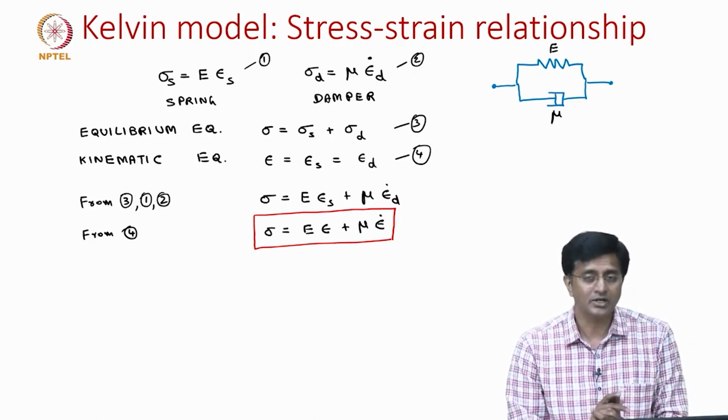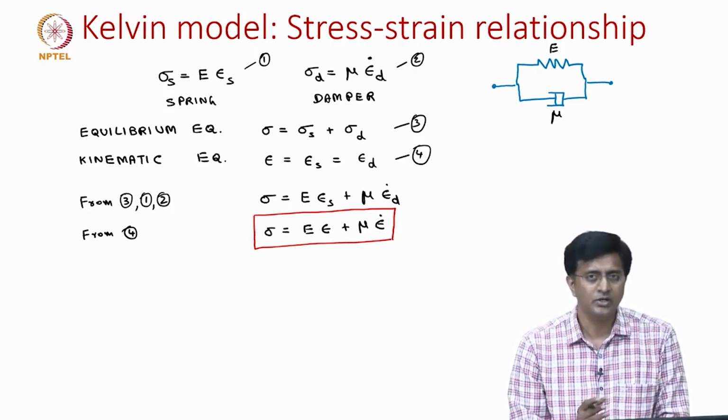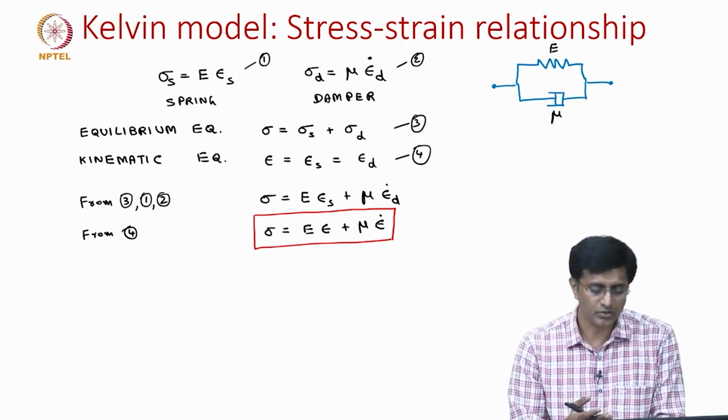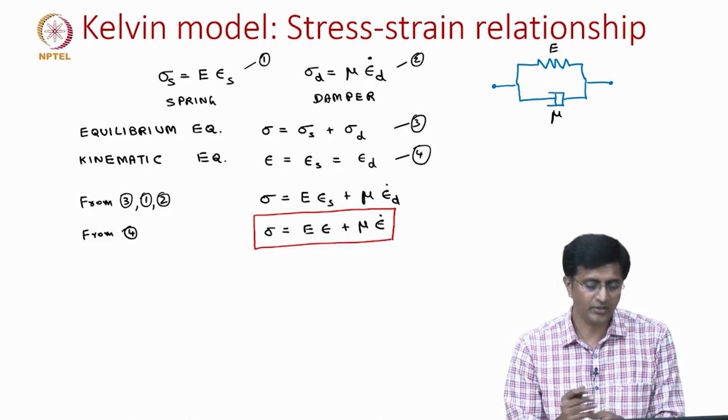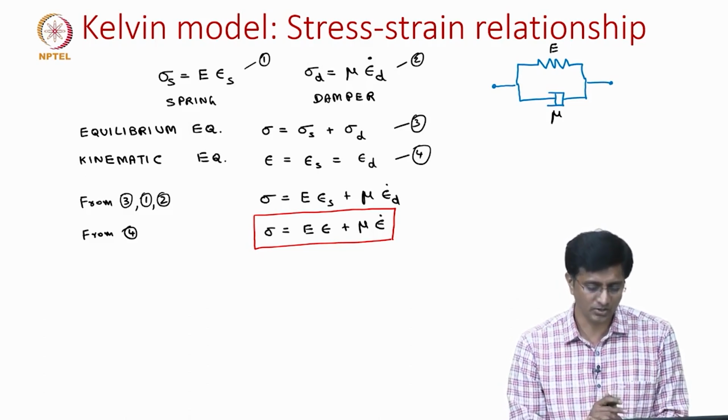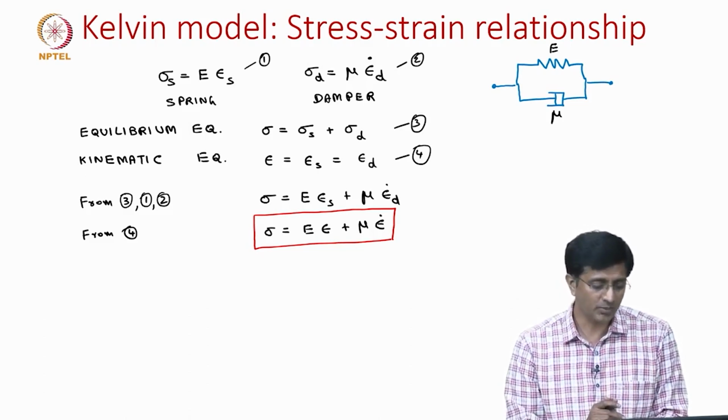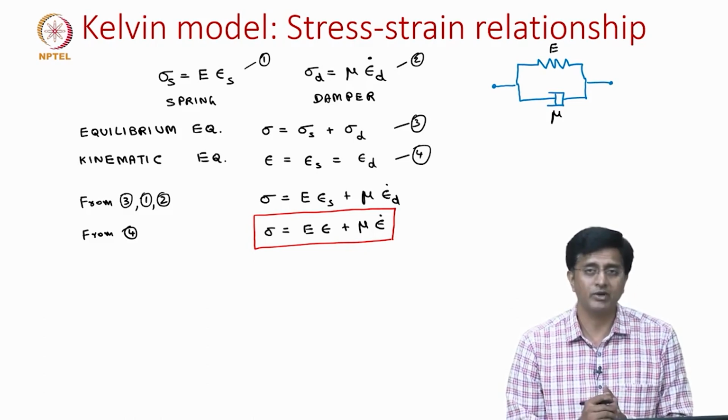This is an easy derivation, because in two steps we are able to show the relation between stress and strain. But now let us use this stress strain relation to show the creep response for a Kelvin model.